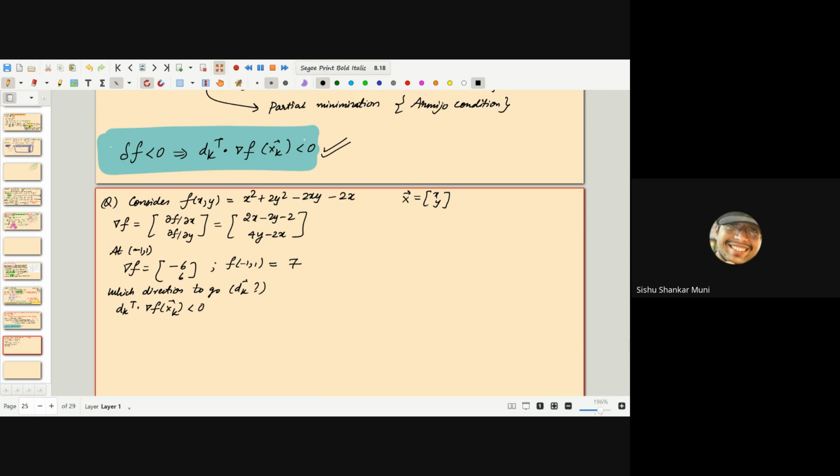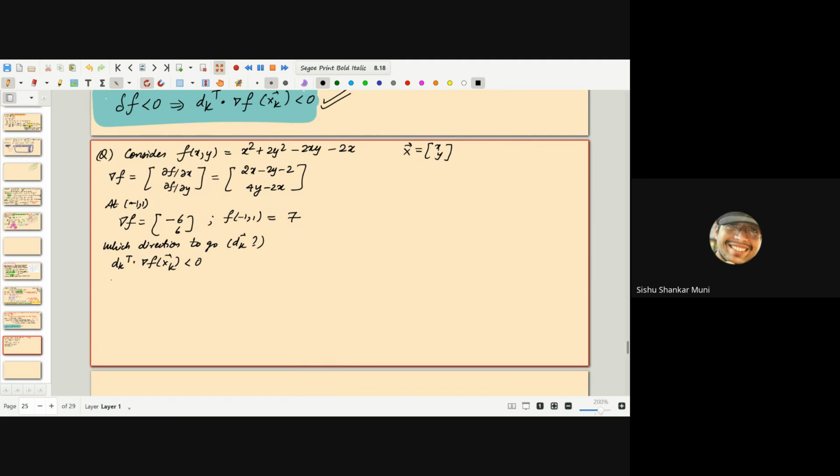Suppose we assume that we don't know the direction. We know it, but suppose we don't. Let us take dk vector equal to d1, d2. It's a direction vector; I can take d1, d2 components, right?